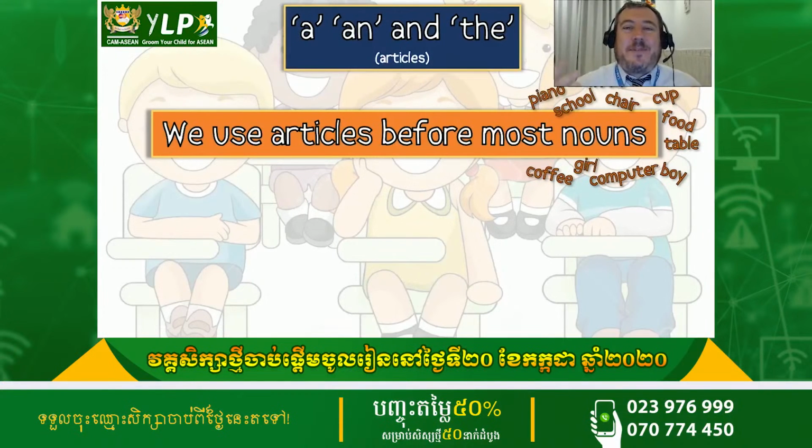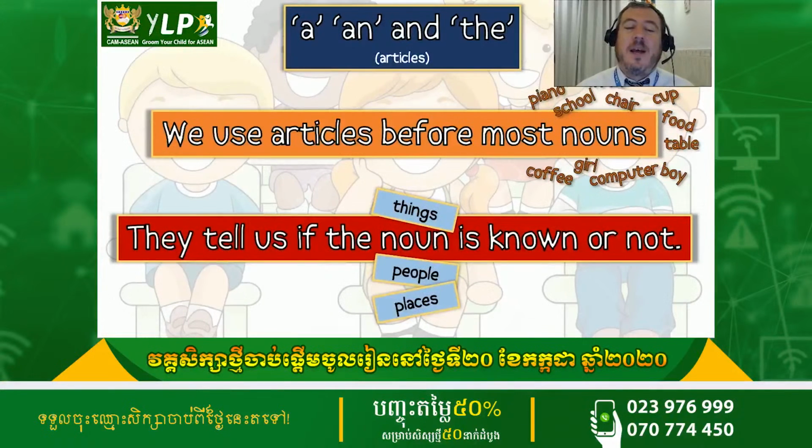They're all names of things, and they are different to verbs. Remember that verbs are actions, and we can change verbs, but we can't change nouns. We use articles before most nouns, but not all nouns. The article a, an, or the tells us if the noun is known or not.